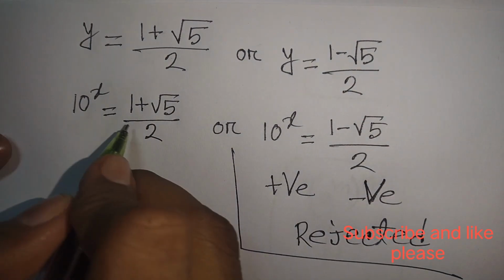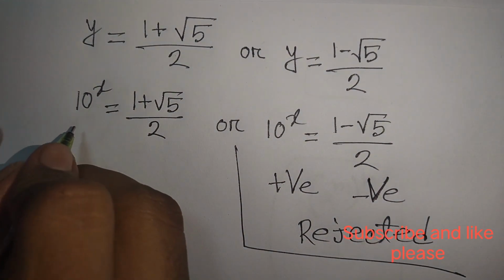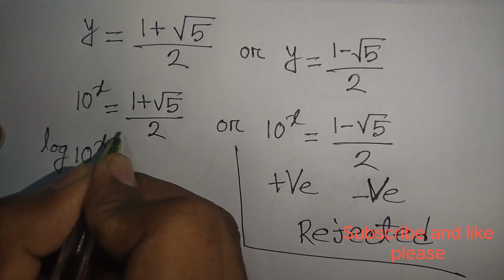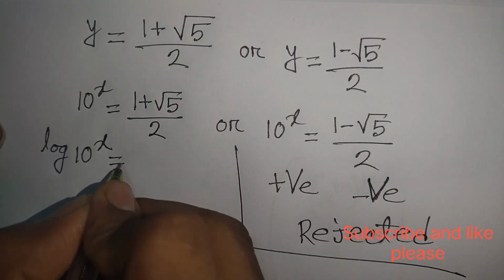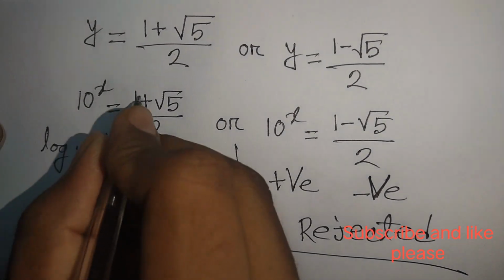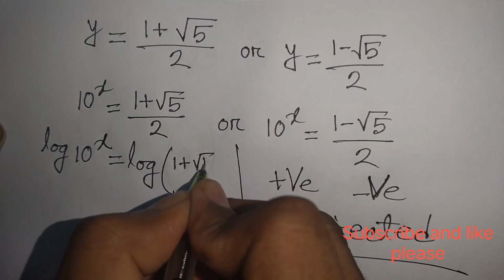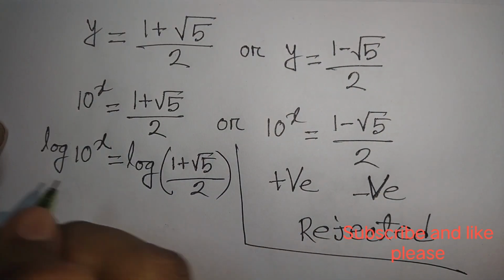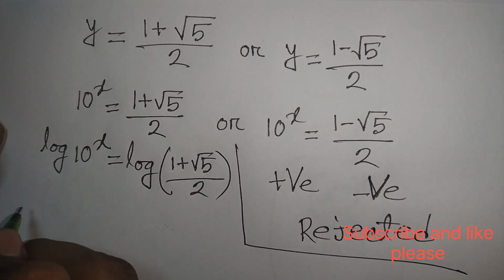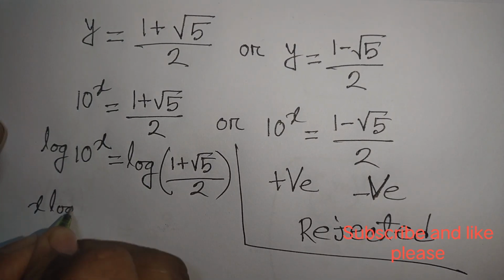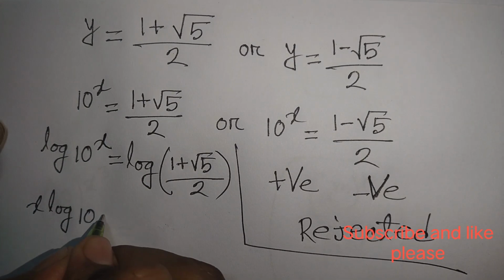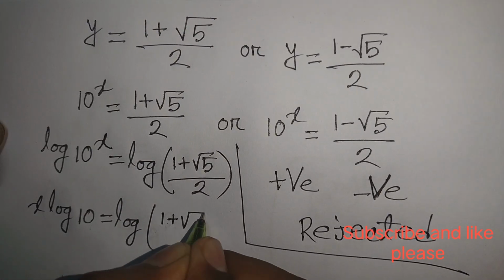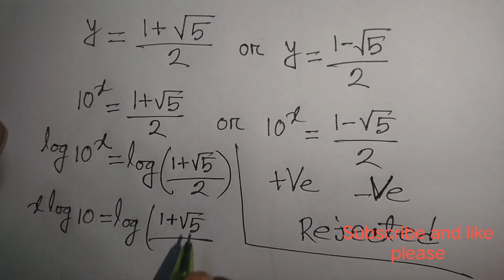Now from here we take log on both sides. You can write here log of 10^x is equal to log of (1 plus square root of 5) divided by 2. Now this power x will move to the front, so it will be x log 10 is equal to log of (1 plus square root of 5) divided by 2.